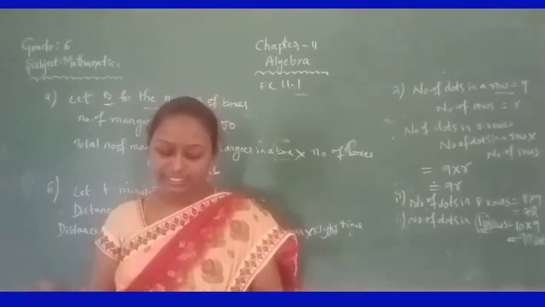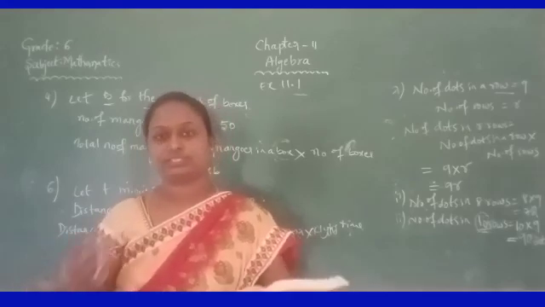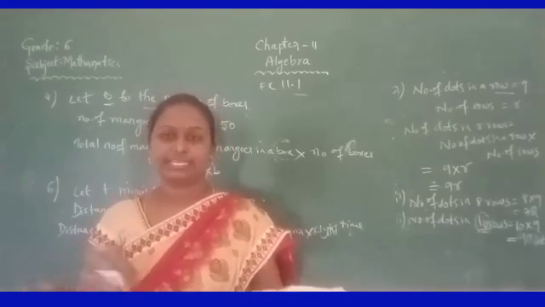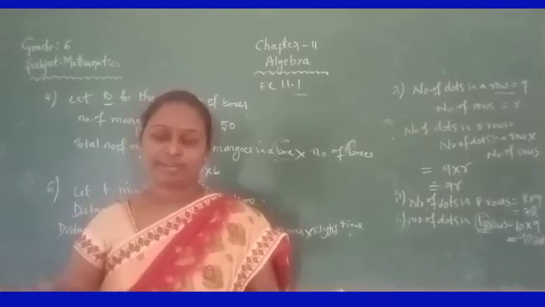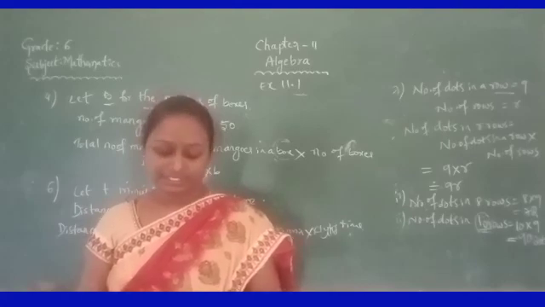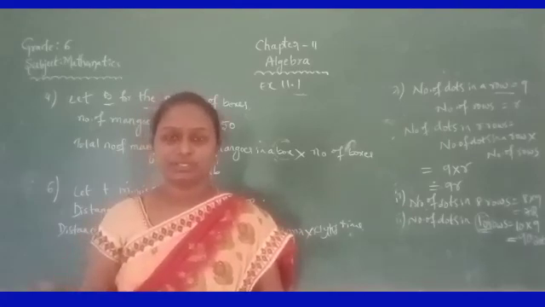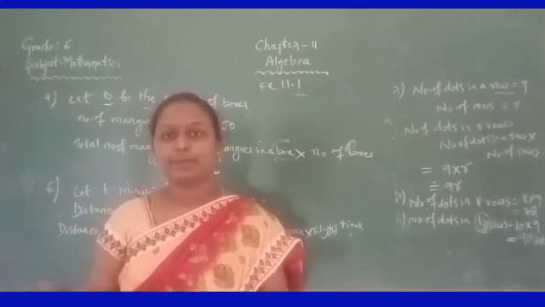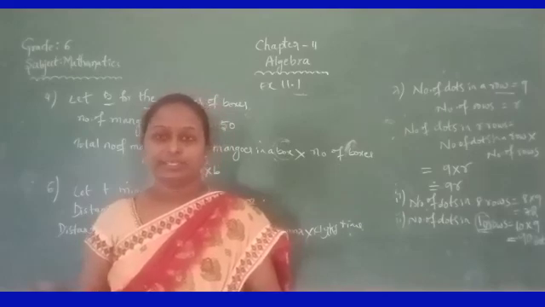The total laddus mother gave away is L. After distributing the laddus to all the family members and guests, 5 laddus are remaining. Then how many laddus did she make? Can you say the rule? Exactly, L plus 5. That is the pattern.